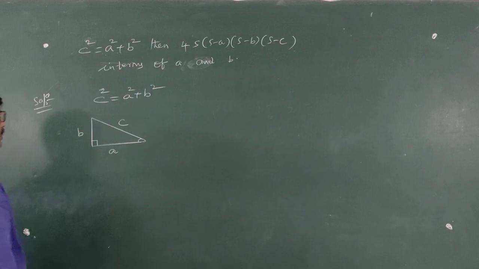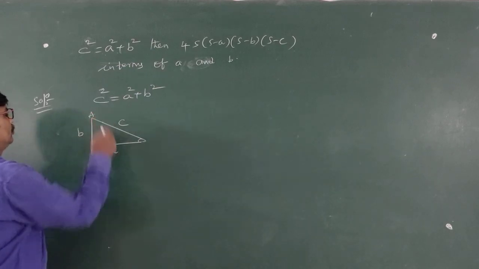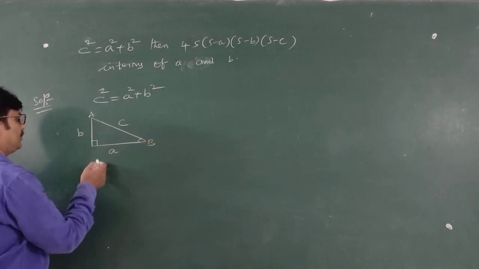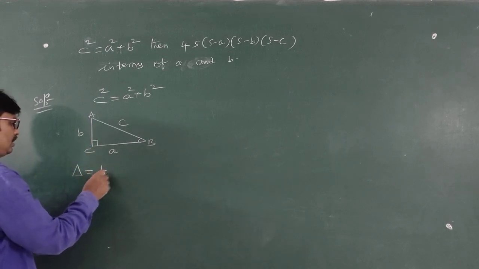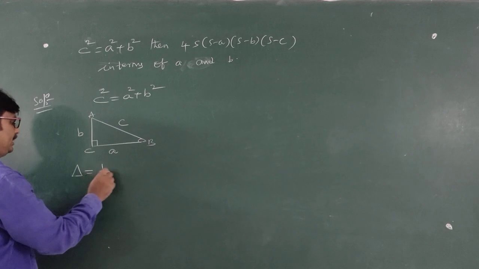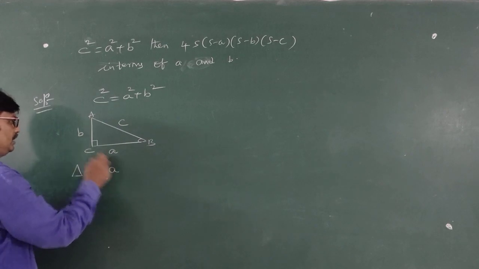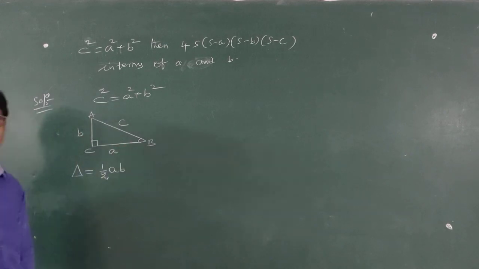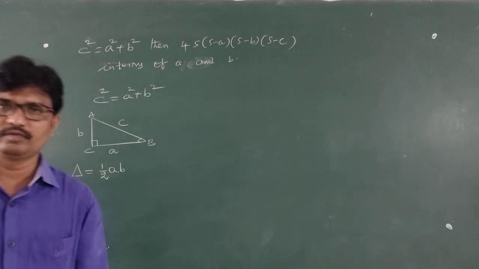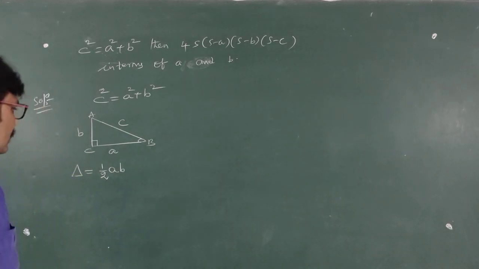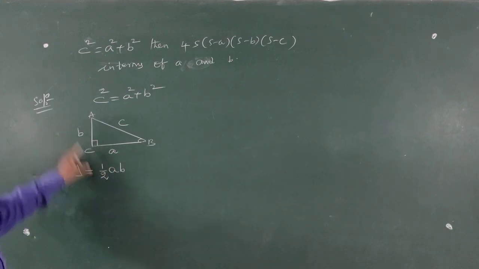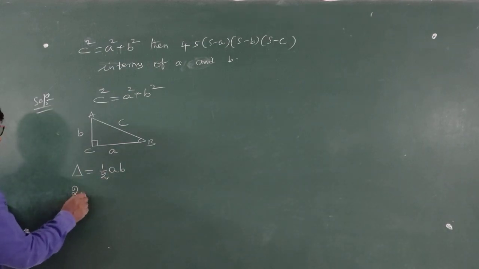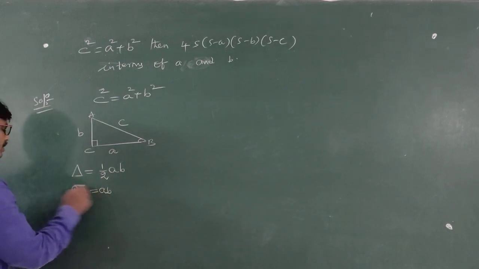Now the area of the triangle is denoted by delta, that is half of base into height. The base is a, the height is b. So 2 delta equals ab.